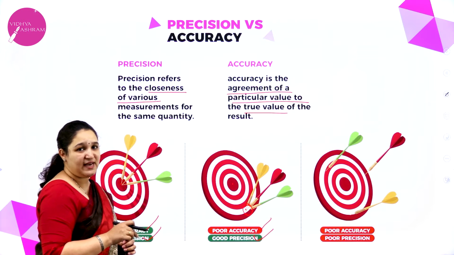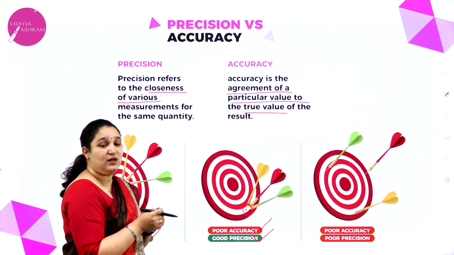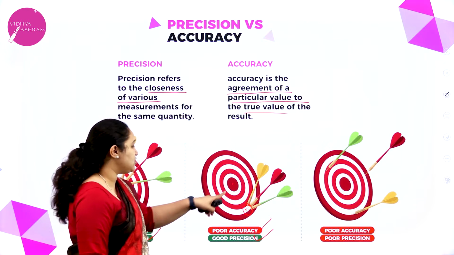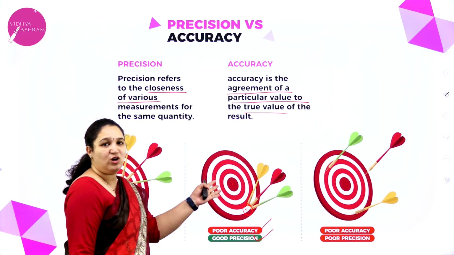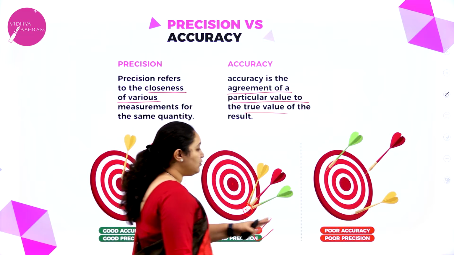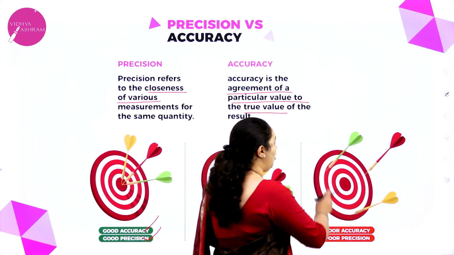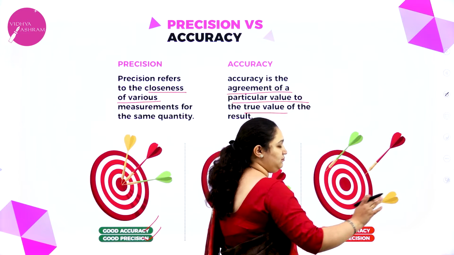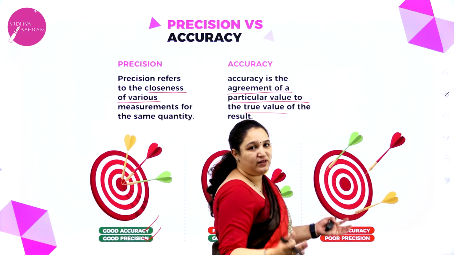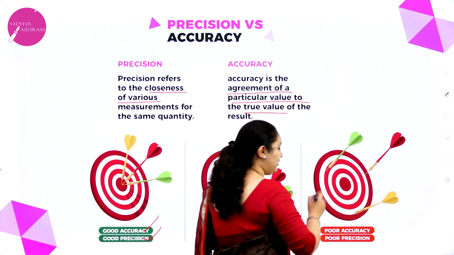It is very precise because the measurements are very close to one another. But it is not accurate because it is not on the accurate point there. Okay. Here if you see, there is no accuracy, no precision because all the 3 are in 3 different places and not even close to the accurate point.